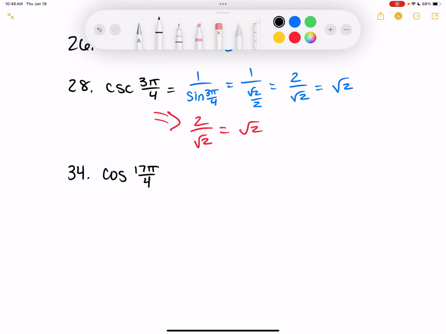Okay, so that's the other way you could look at it. So this would be equivalent to the cosine of pi over 4, and it's not going to change anything about your final answer by doing that. So the cosine of pi over 4 is root 2 over 2. Yep.